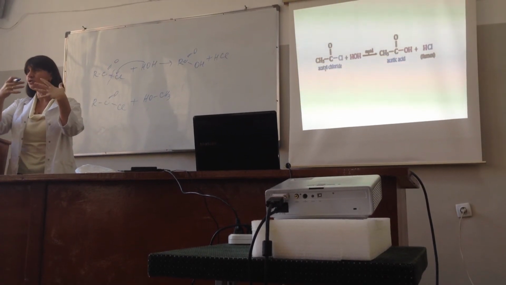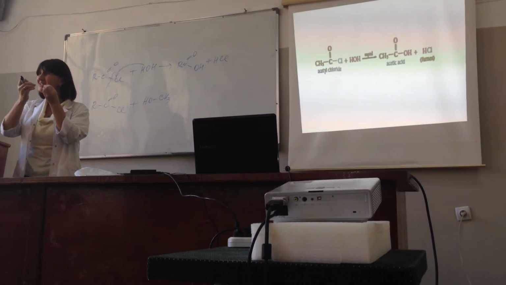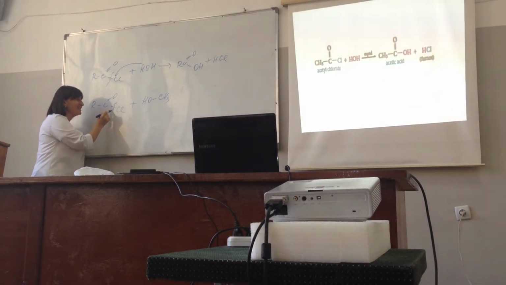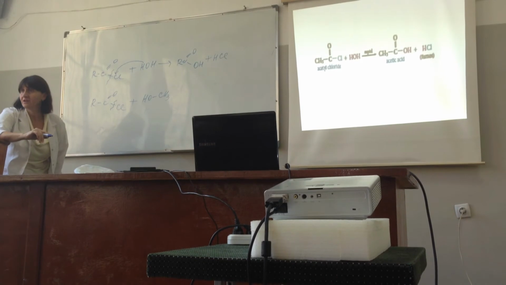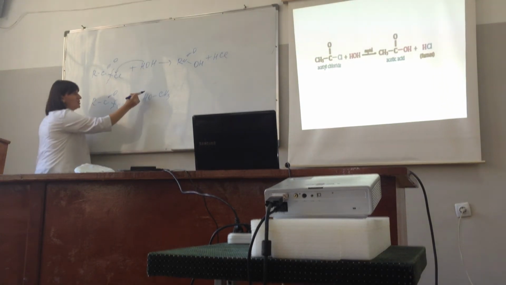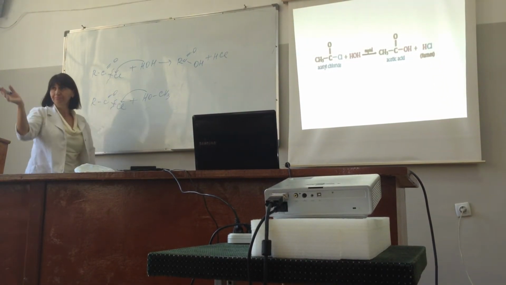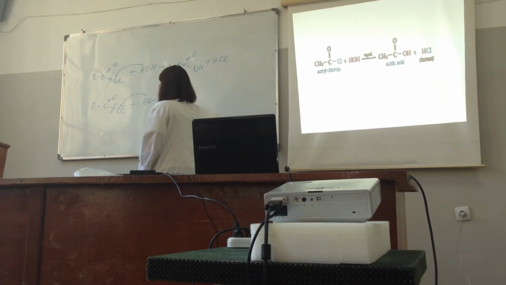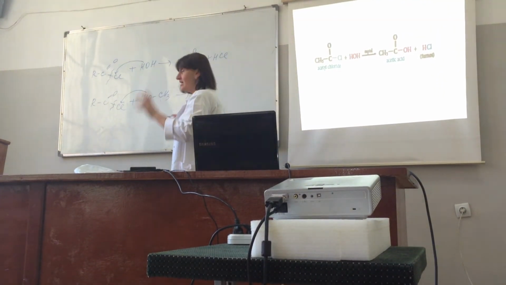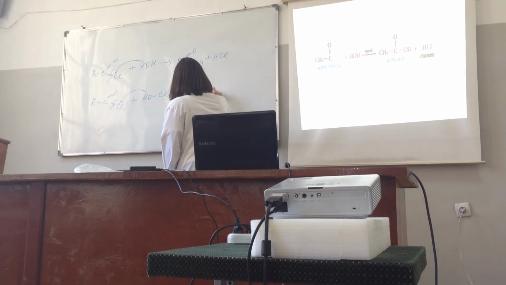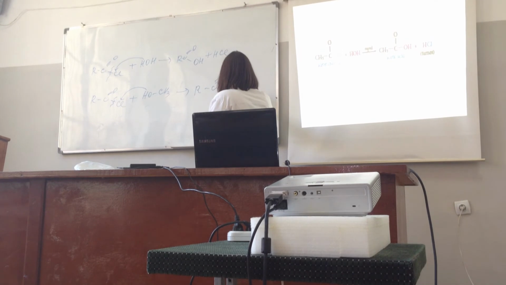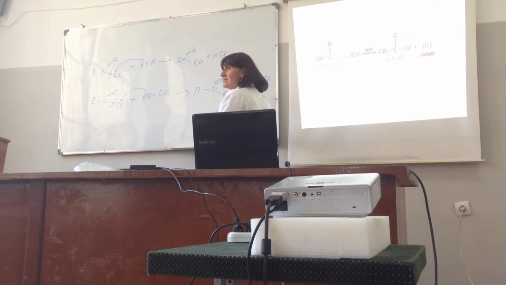When these functional groups look at each other, in this case, it is easier to write your reaction. So once again, Cl is your leaving group. H, what will be the product? Yes, ester. Ester and HCl. So RCOOCH3 plus HCl.